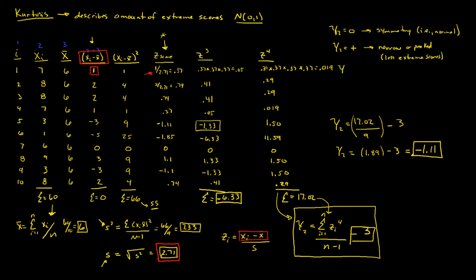And if gamma 2 is negative, then you're going to have a very broad, flat, or broad shaped curve.